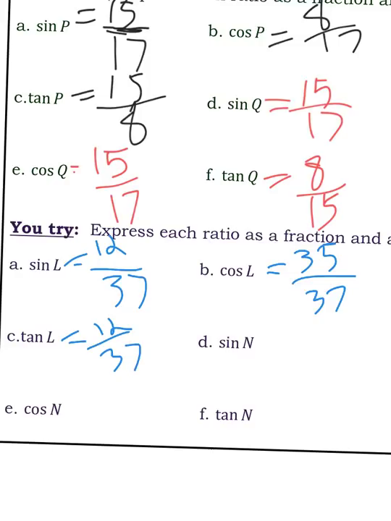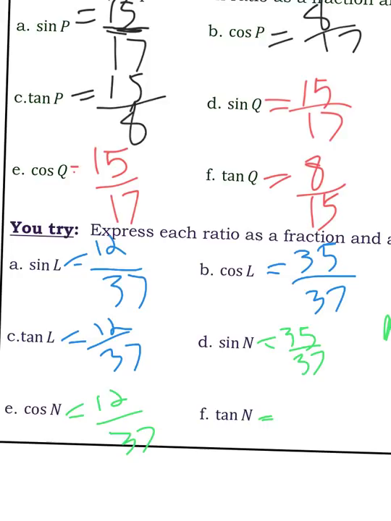Sine of N. So what's opposite of N? 35. So opposite of N, 35 over 37. What is adjacent to N? The 12. This is a CAH, 12 over 37.